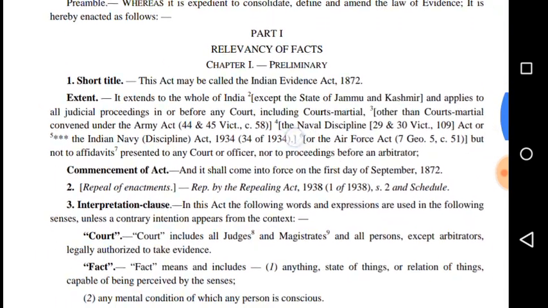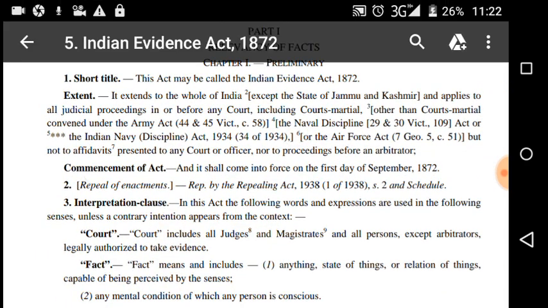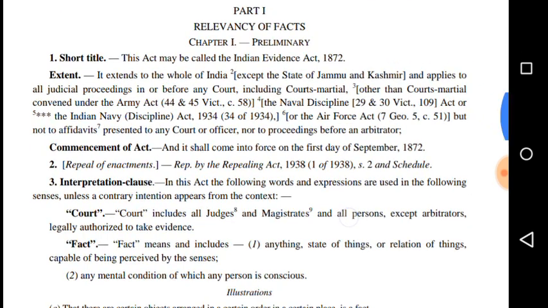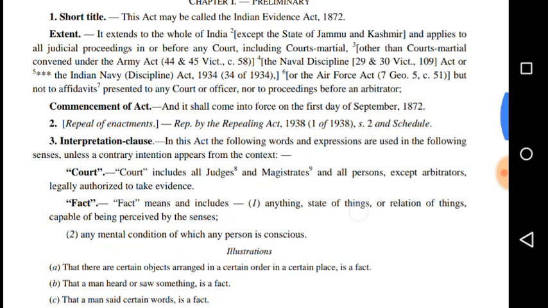But the date of its commencement is under section 1, commencement of act, and it shall come into force on the first day of September 1872. So commencement is September 1, 1872. The year is the same. Then section 2 is already repealed.